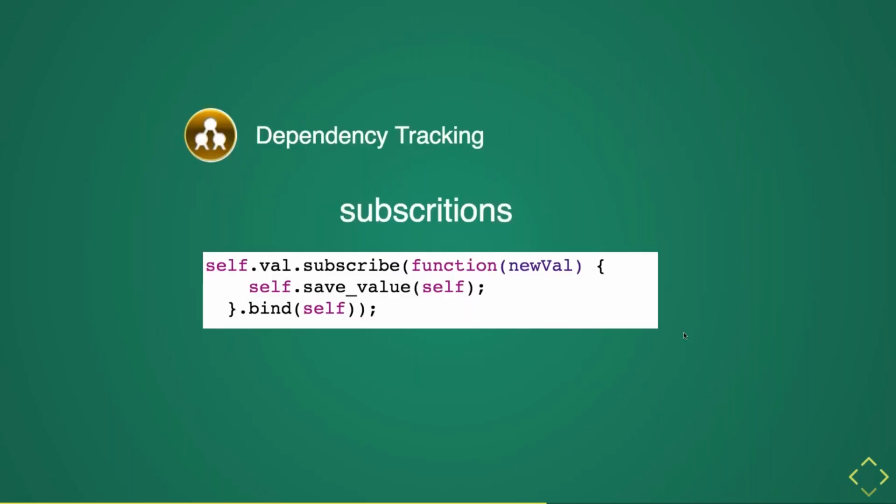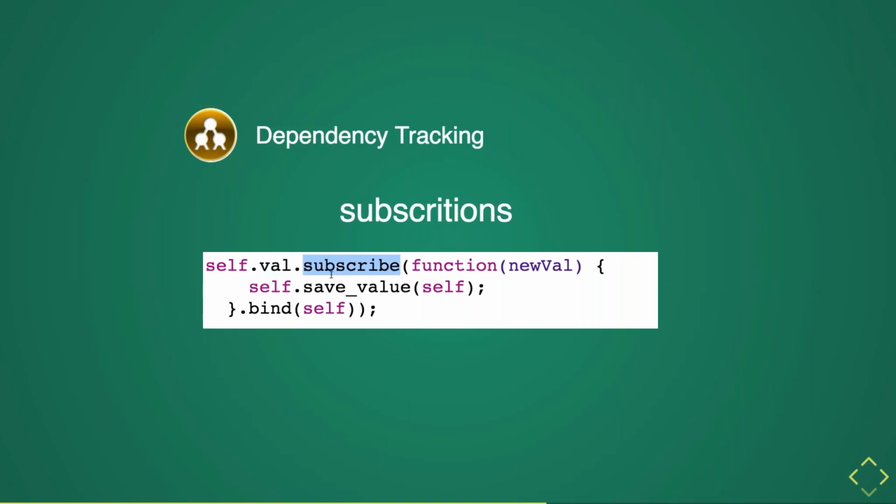There's another very interesting functionality called subscriptions. We can subscribe to the changes of something. So let's say that whenever the value attribute changes, we want to do something, maybe save it to the database. We're going to subscribe to changes of value.